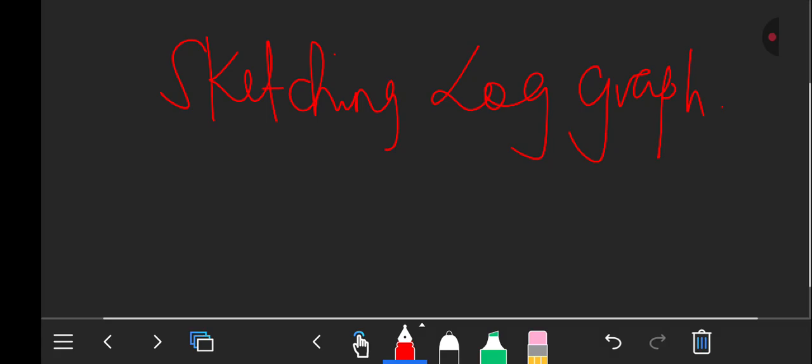So let's say you have y is equal to ln x. If you know how to sketch that, everything will be very easy. So let's start with y is equal to the natural log of x. How do you sketch it?